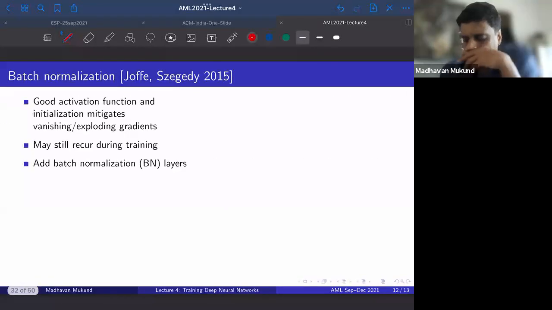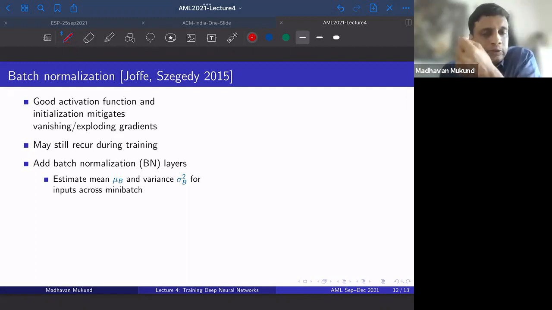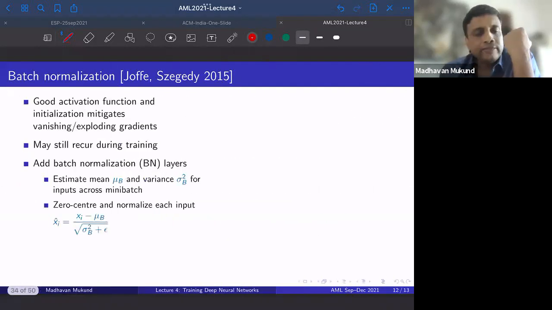What you do is, between two layers, you correct this by estimating the mean and variance for the current batch and then scaling. You take the mean and the variance of each of the things that you calculate, and then you take each input.